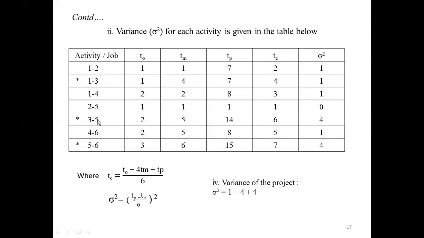For 3 5, it is 4. Here you write 4. For 5 6, you have 4. Here you write 4. Because these star marks indicate the critical activities in the critical path. Then if you calculate sigma square, you will get 9, and sigma you will get as 3. That is the square root of 9, you will get 3. This is the standard deviation of the project, which is 3.